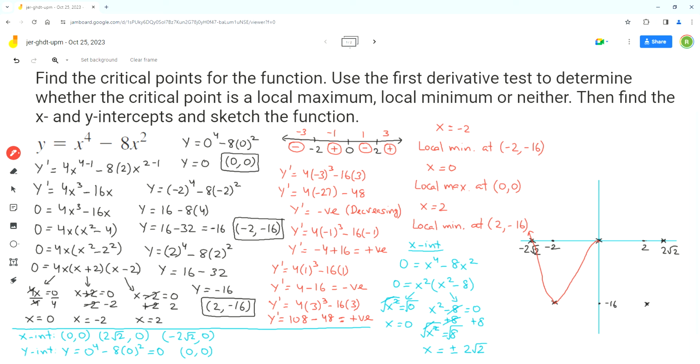So as we go from left to right, the graph should slope downwards. And then to the right side of x equals 2, the function is increasing. So as we go from left to right, the graph should slope upward. So this should be the sketch of the given function using the different characteristics that we identified using derivatives.